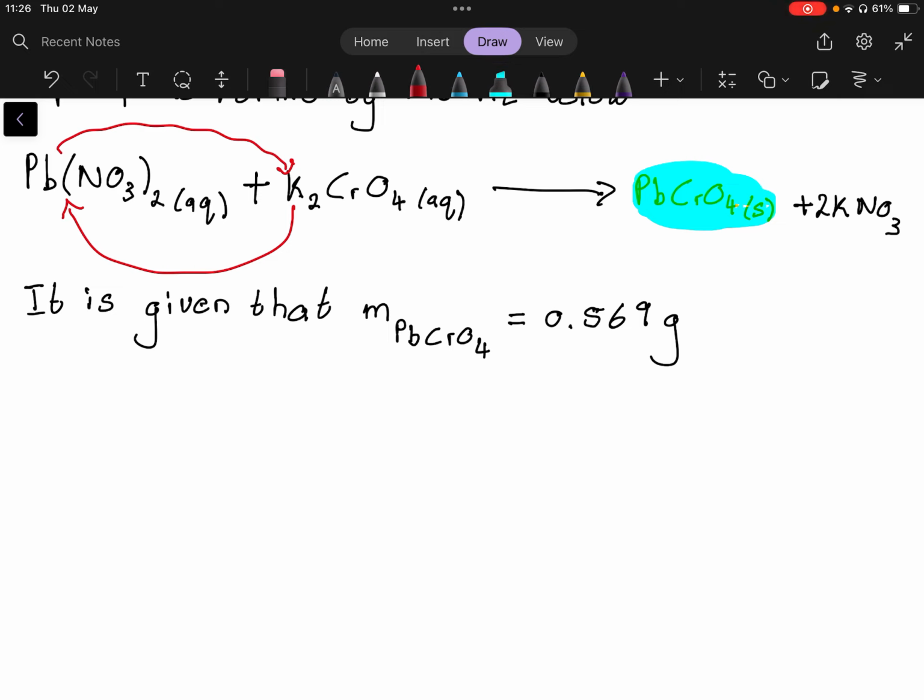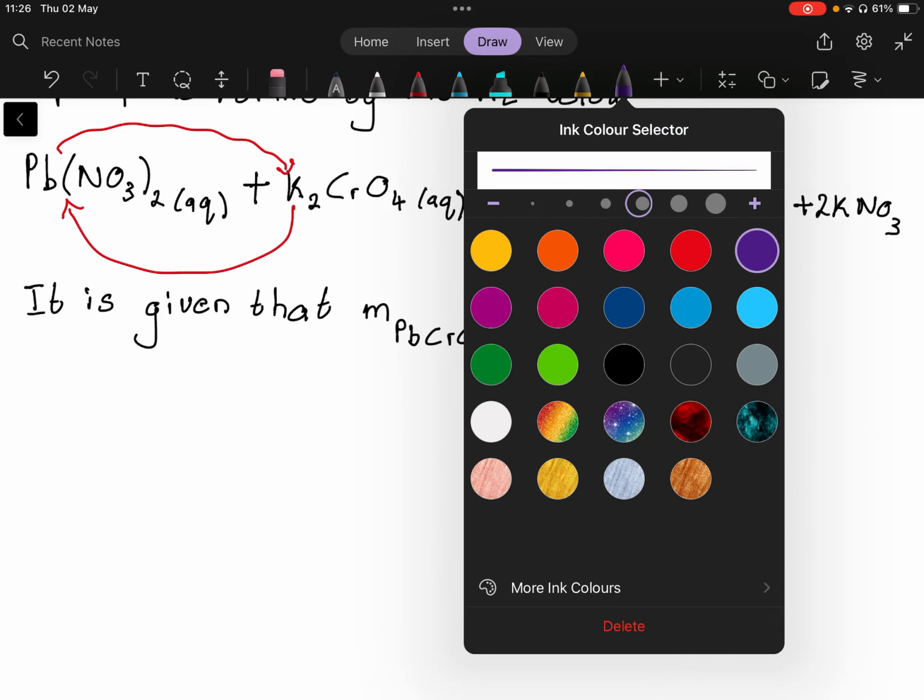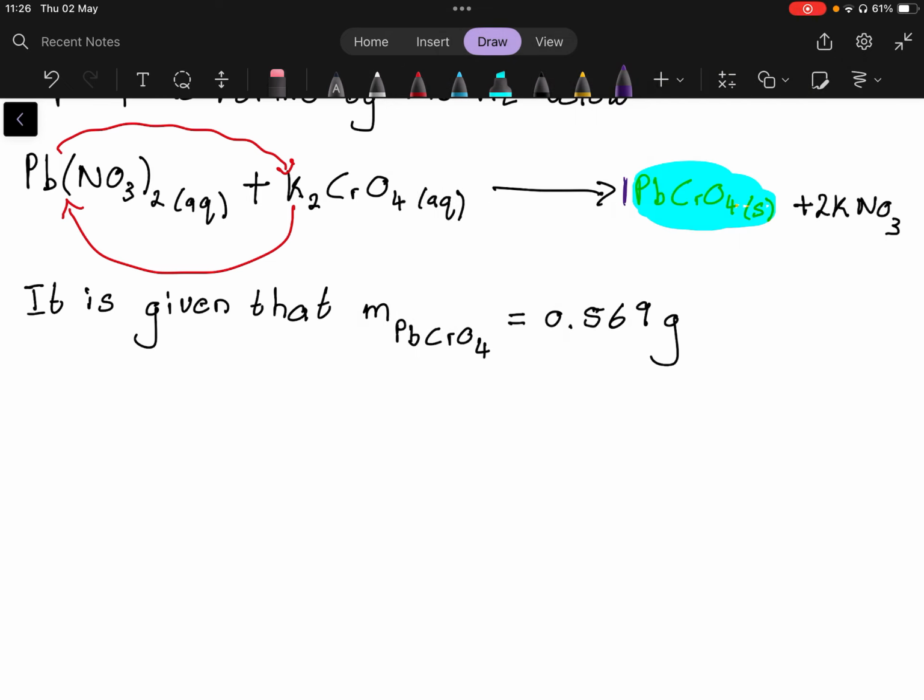We can use the chemical equation to relate the number of mole of this thing that forms to the number of mole of the thing that needs to react, right? And we have the mass of this thing that forms. So hence we can get the number of mole and then we can relate it back to the mass of the NO3.